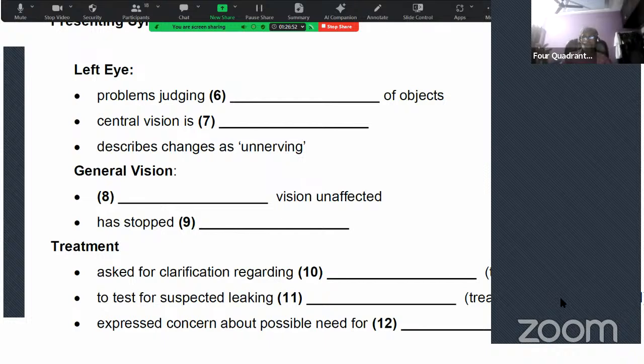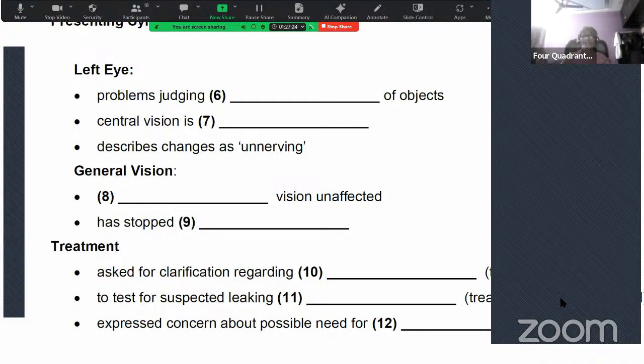Has stopped using spectacles, using glasses, using computer. Has stopped medications, drugs, eye drops, ointments, night driving. Very good.